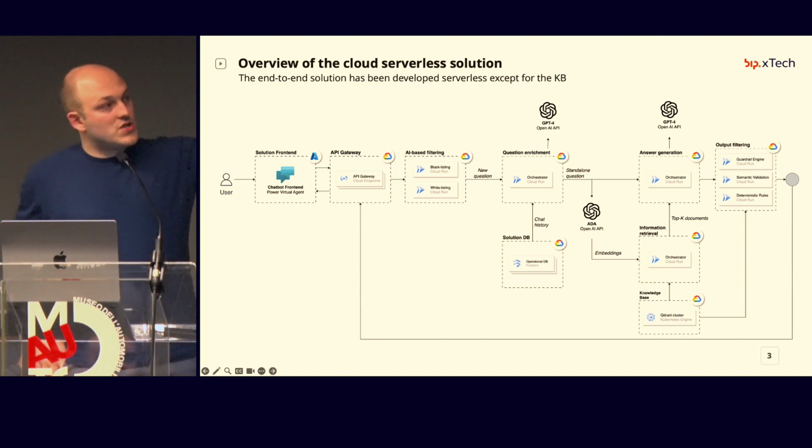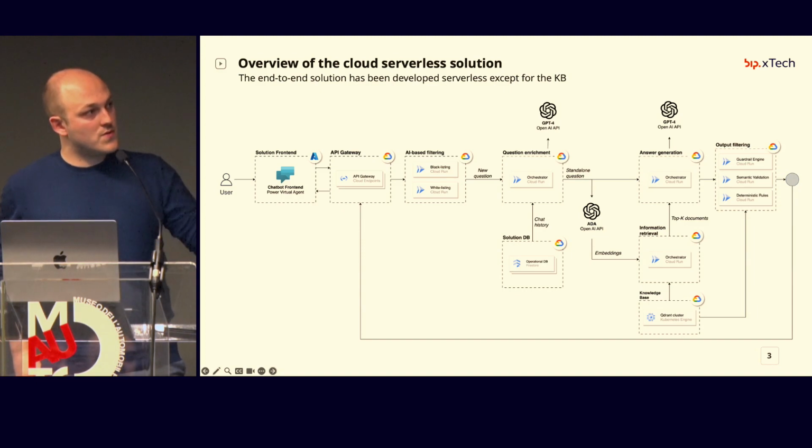Then the standalone question is sent to 2 different models. The first one on the bottom is basically the knowledge base. Later we will discuss the knowledge base. Basically, the knowledge base contains the 70 documents that I mentioned before.